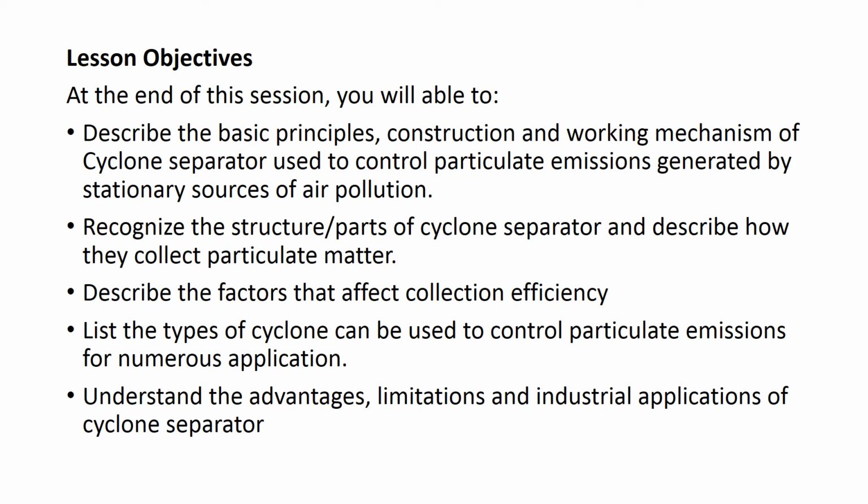It ensures dry collection and disposal of collected particulate matter. It can handle a large volume of gas at temperatures up to 90 degrees Celsius. Cyclones are widely used in industries producing larger quantities of gas containing larger size particles, like cement and fertilizer.